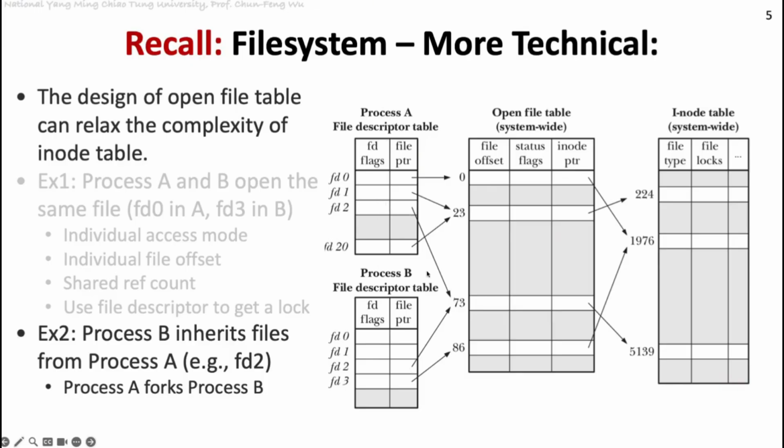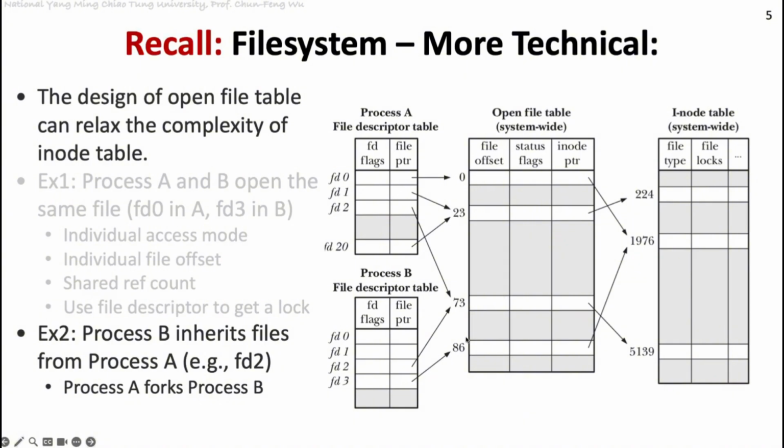So when the fork is finished, process B's FD2 is also pointing to the same entry in the open file table. If process B needs to open a new one, or needs to update this entry, then it will follow the copy on write way.